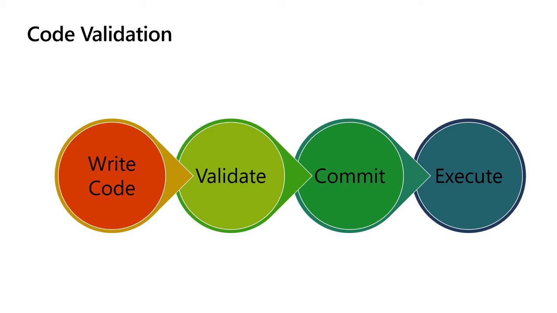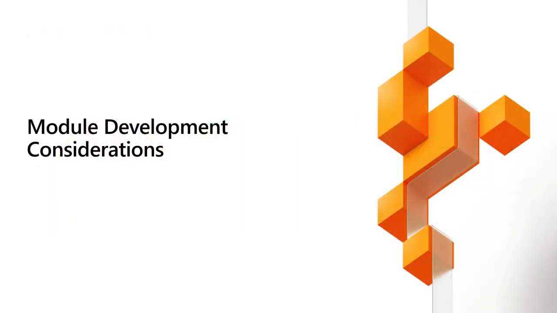And if your code is ready for production, you can commit it into the repository and you can actually execute it against your environment. So this is a very broad overview of developing a module. So what kind of considerations should we have whenever we're developing a PowerShell module?